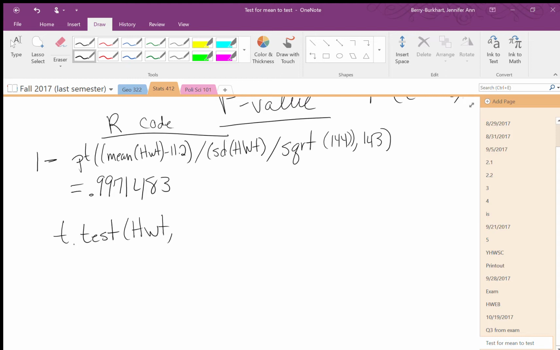So over here, I can go t-test. Okay, what's the one I'm doing? H weight, that's the variable I'm testing, right? There you go. What's the alternative hypothesis in this case that I was testing? Let's say, are you doing a less than 11.2? I think the one I was doing was greater than.